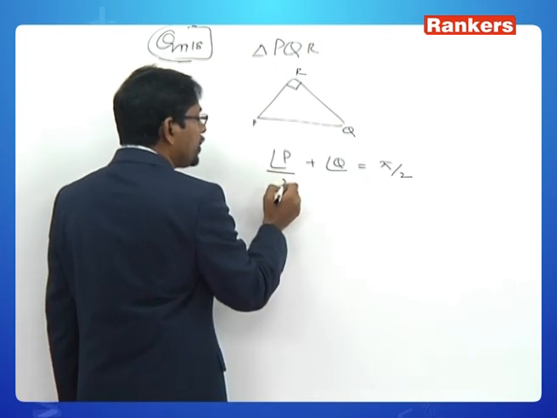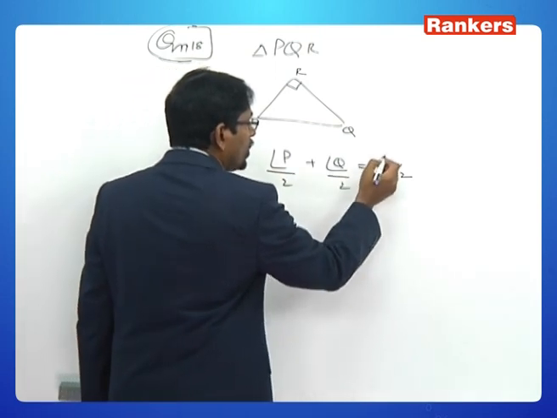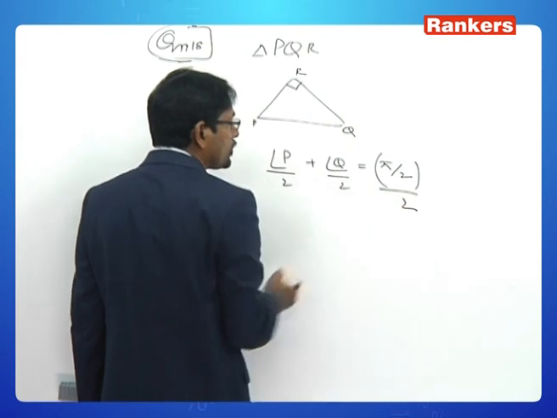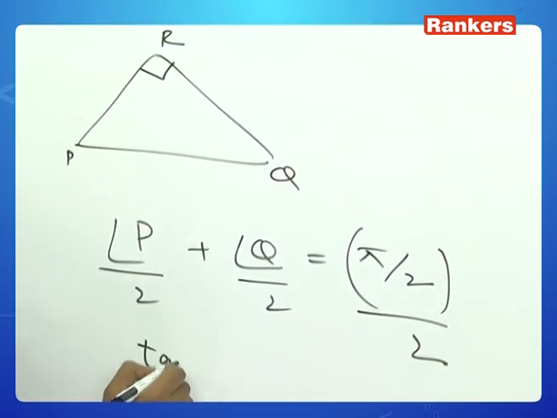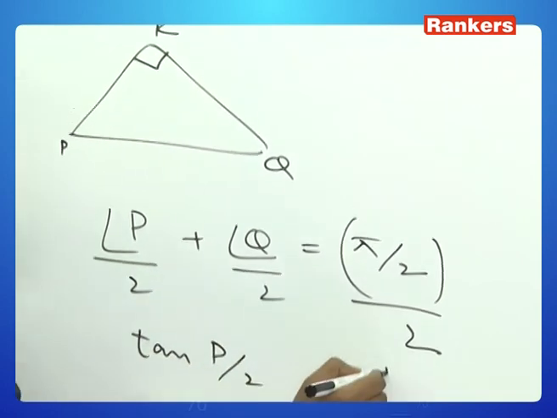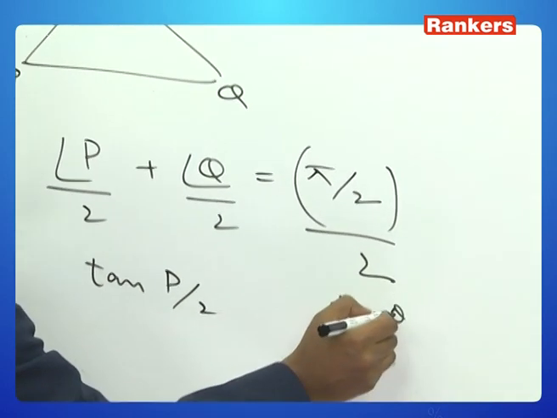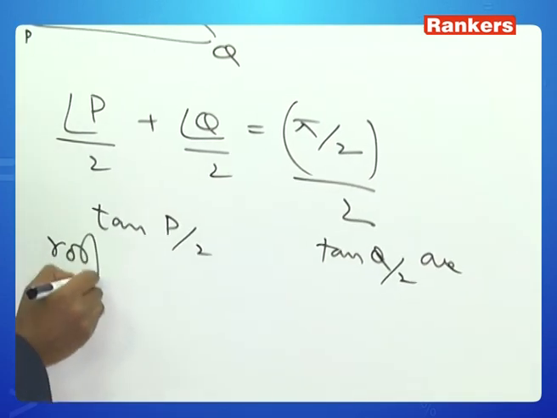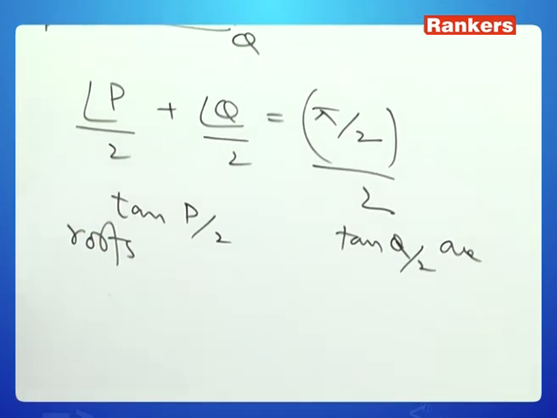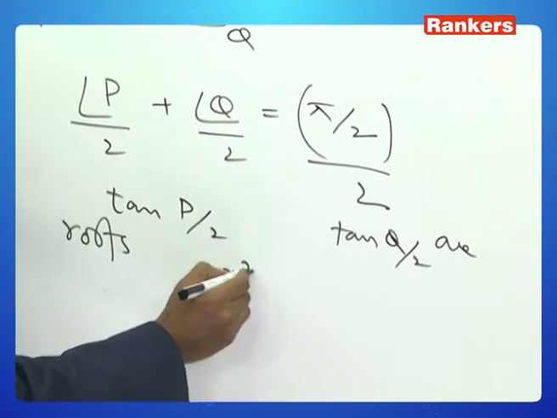So angle P by 2 plus angle Q by 2 will be pi by 2 by 2. Now it says tan of P by 2 and tan of Q by 2 are roots of the quadratic equation ax square plus bx plus c equal to 0.